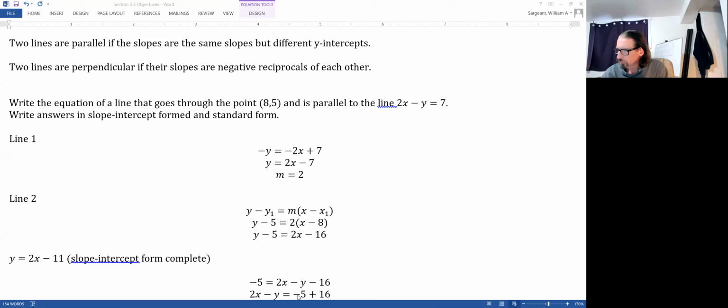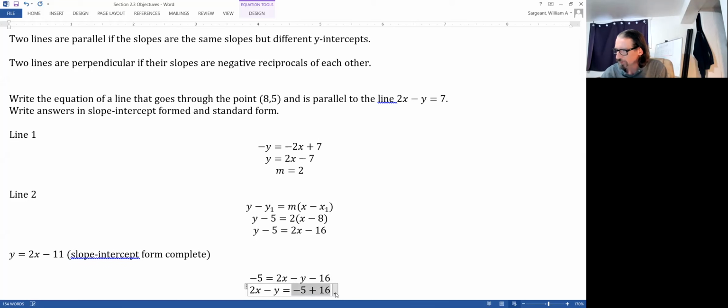All right, so 2x minus y equals negative 5 plus 16, which means that 2x minus y equals 11. Harder to see that that has a slope of 2, because we can only tell the slope by looking at what's in front of x if y is isolated, a positive 1y. But in any case, 2 times 8 is 16. 16 minus 5. Oh, I added positive 16, so that should be a plus 11 there. My error.